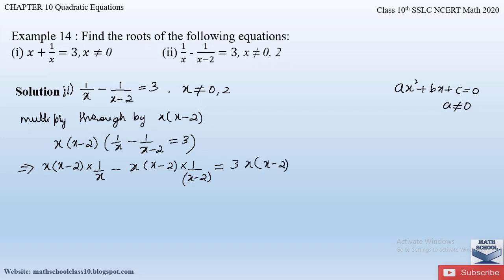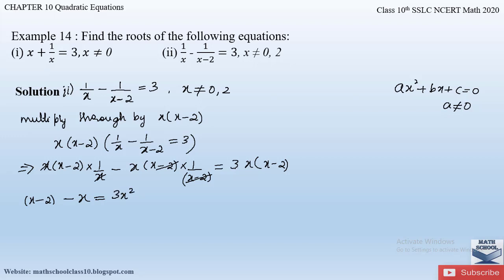Here, since the denominator is x, this term and this term will get cancelled, and we are left with x minus 2 here, minus, and here x minus 2 and x minus 2 will get cancelled. So minus x into 1 will be minus x is equal to, now we have to open the brackets here, so 3 into x is 3x square.